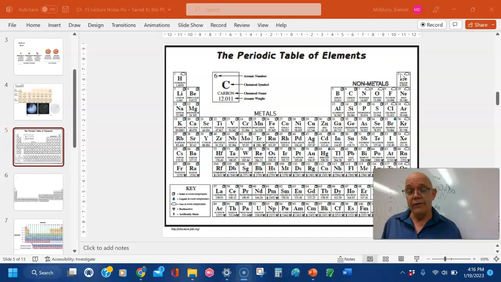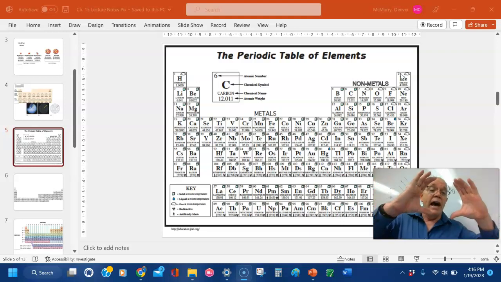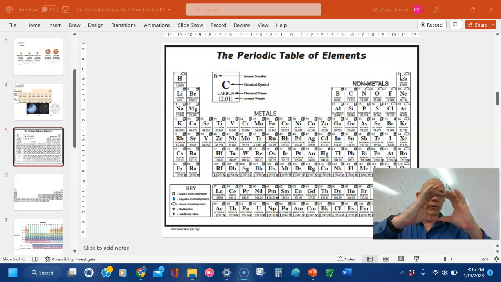Okay, but there's something else that's happened. How many layers of electrons does it have? One, because it's on the first row, right? They're both on the first row, so they have one layer. And hydrogen only has one proton to pull that electron in. But helium has more electrons, but they're still in that first row, and now you have two protons, so it can pull them in tighter.